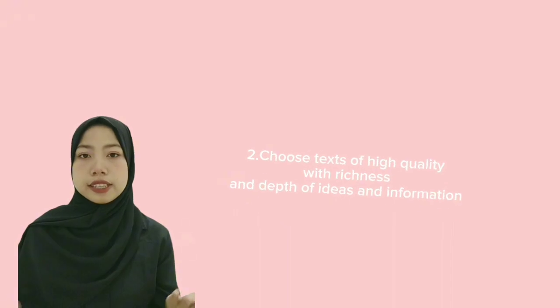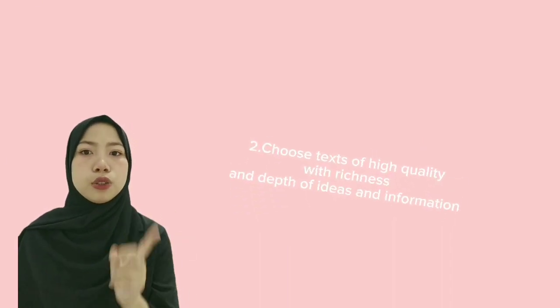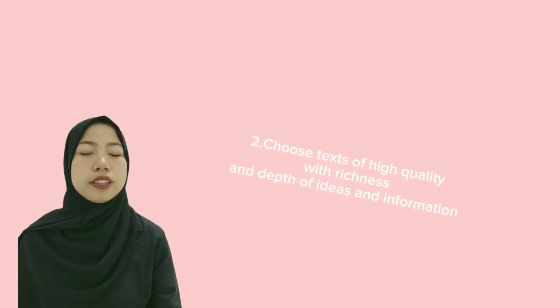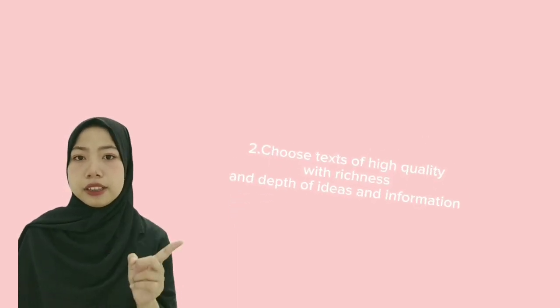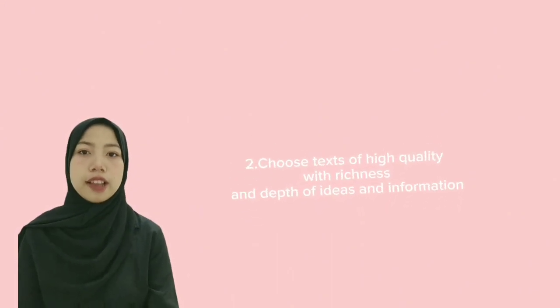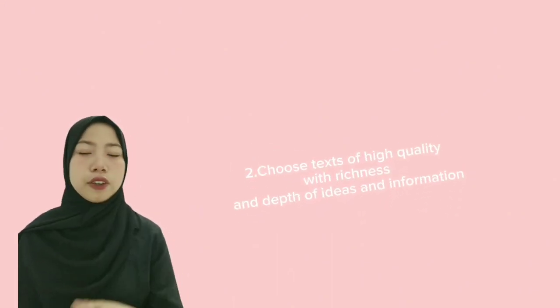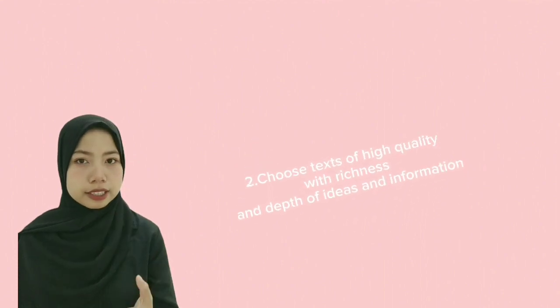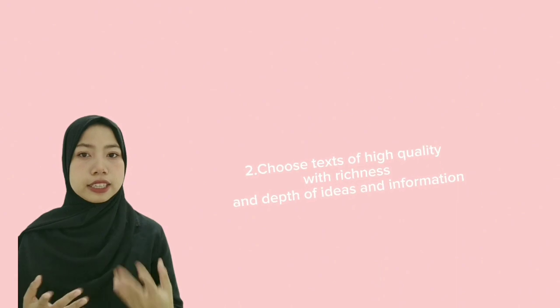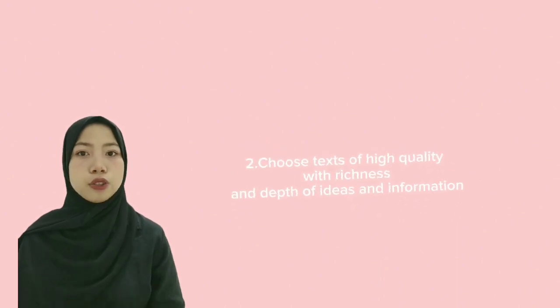When selecting text, teachers should look for characteristics such as rich content, for example, character development in literary text or elaborate detail in informational text, strong organization, and variation and richness in word choice and sentence structure.